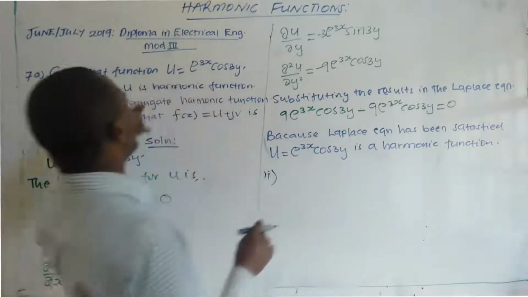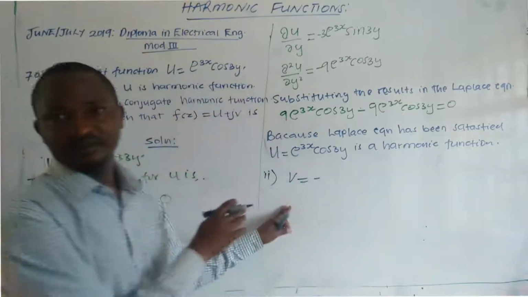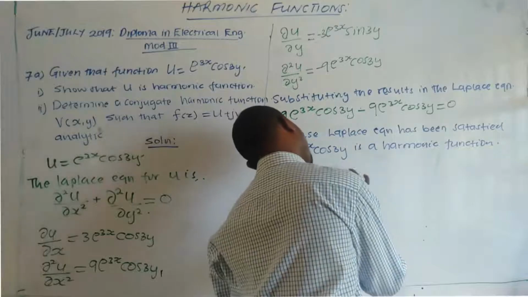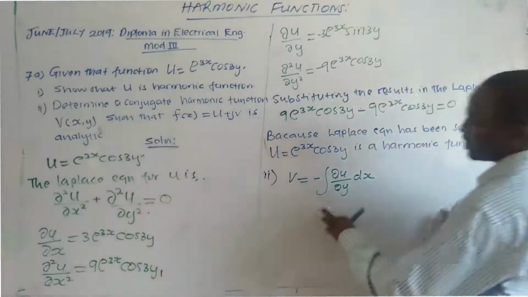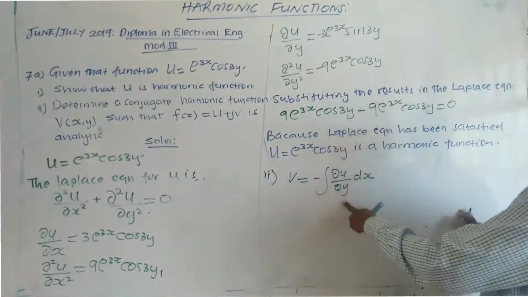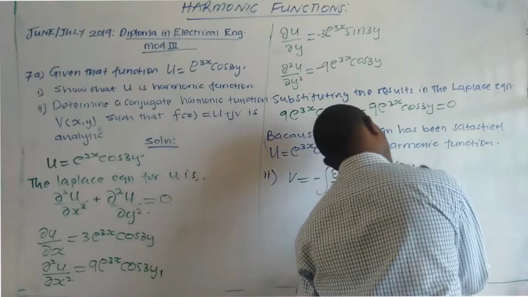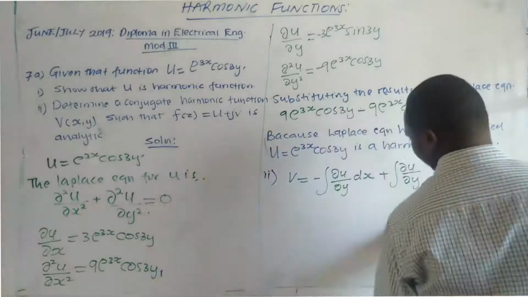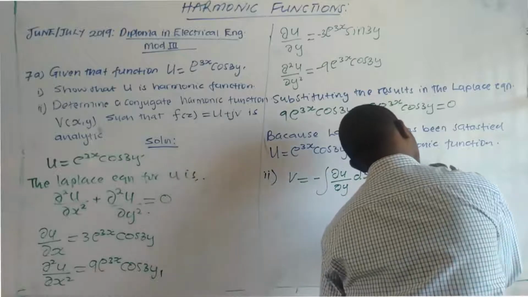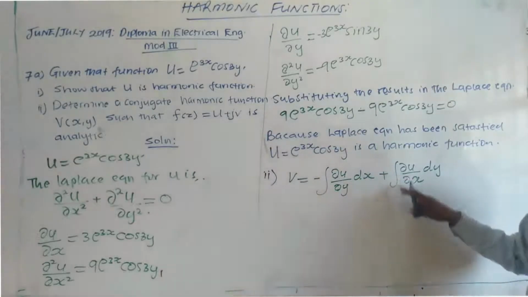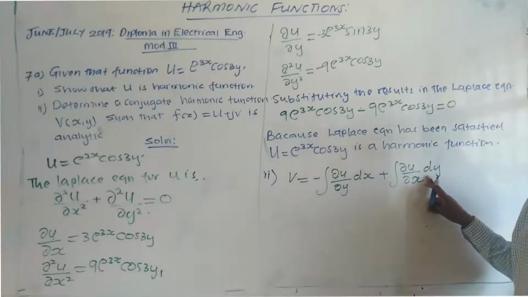You know that if you are given u, v will be equal to negative integral of the partial derivative of u with respect to y with respect to x, plus the integral of the partial derivative of u, not with respect to y but with respect to x, with respect to y.